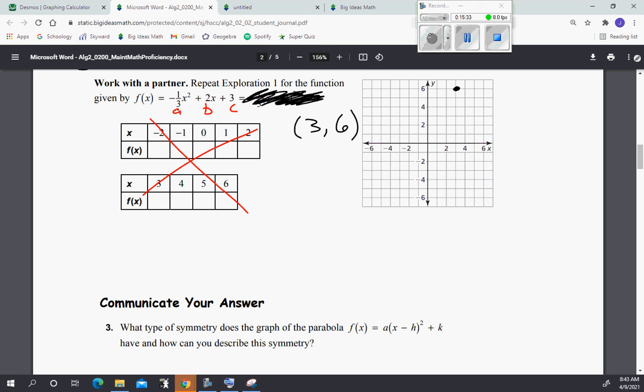Think of symmetry. Our axis of symmetry of this graph goes right through my vertex.